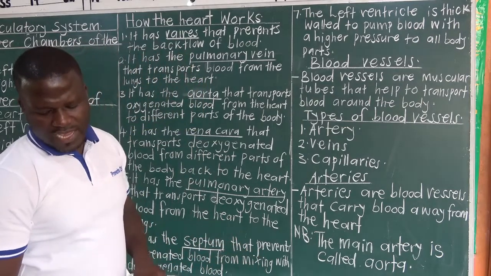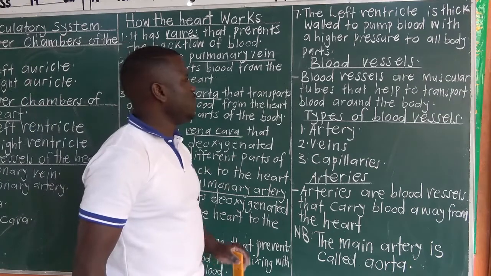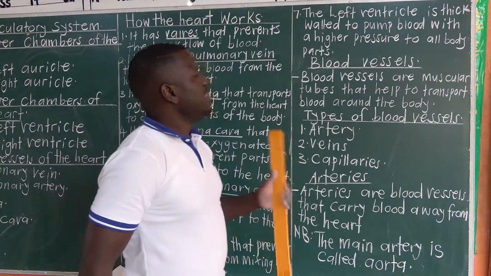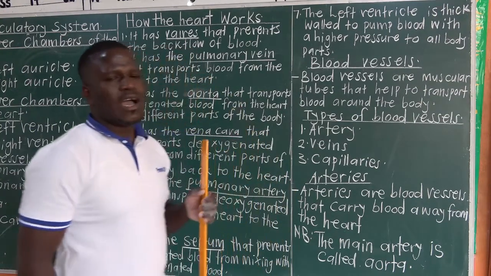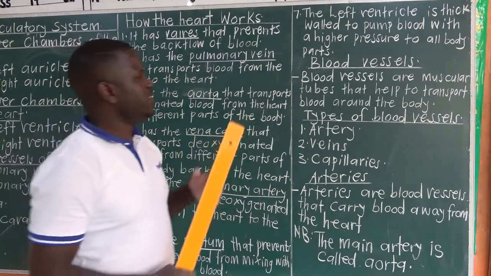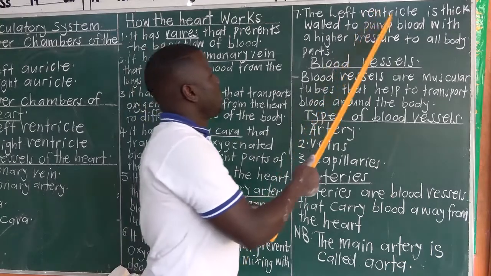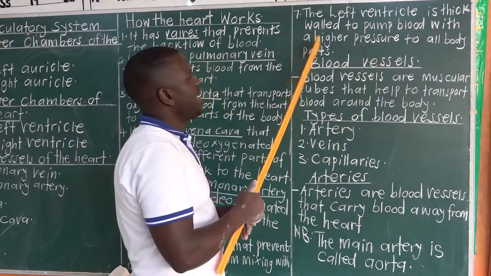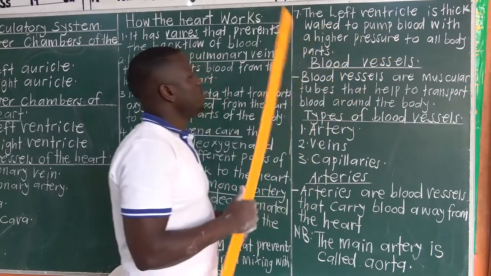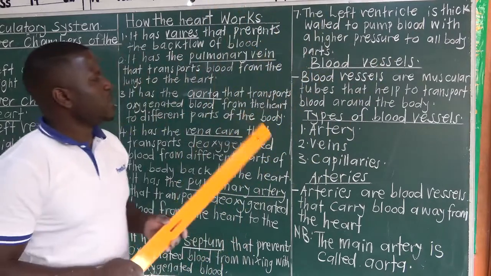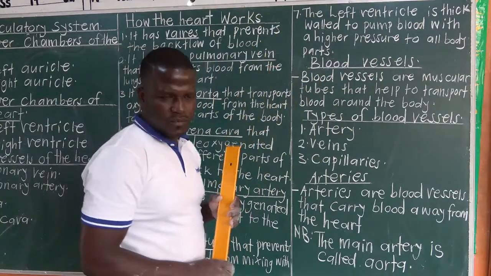If you look at that diagram showing the human heart in your booklet, you find that the left ventricle has thick walls. The reason why it is thick-walled is to be able to pump blood with a higher pressure to all parts of the body. Then we have what we call blood vessels.